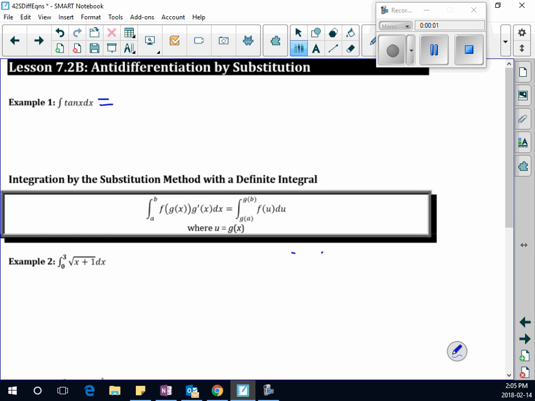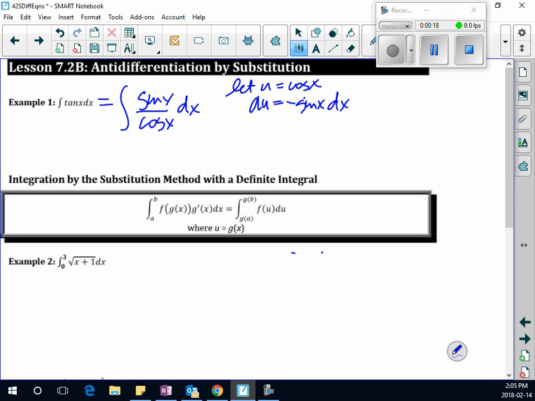First thing, we need to write it as sine x over cos x. And then somebody said, let's let u be cos x. Okay, so then du would be the derivative, yeah, negative sine x dx.